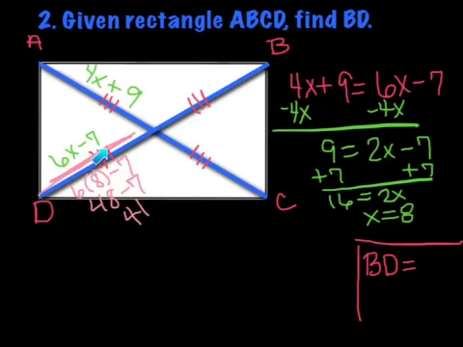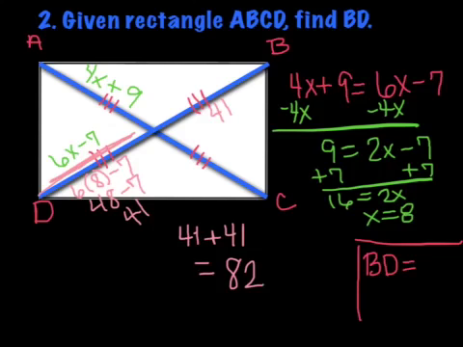So this length right here is 41. We want this entire length. We want BD. Well, because they're congruent, we know that this is also 41. So BD would have to be 41 plus 41, which equals 82.